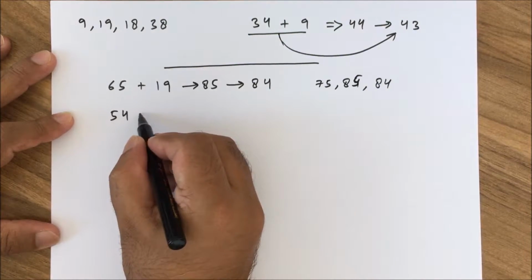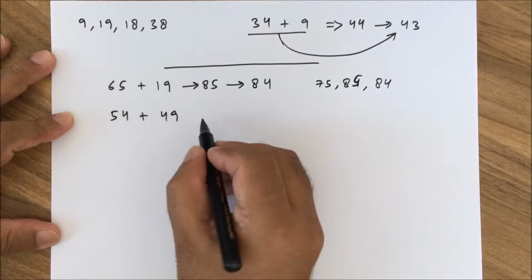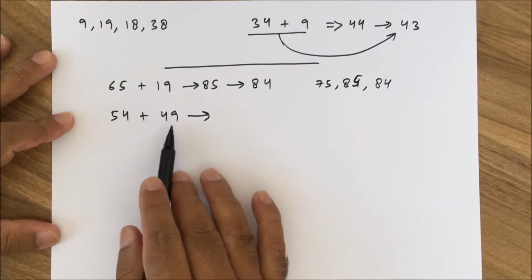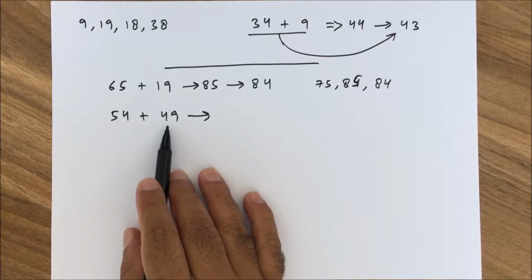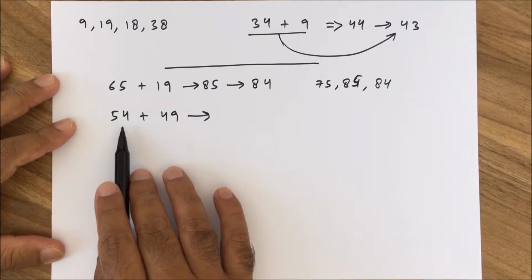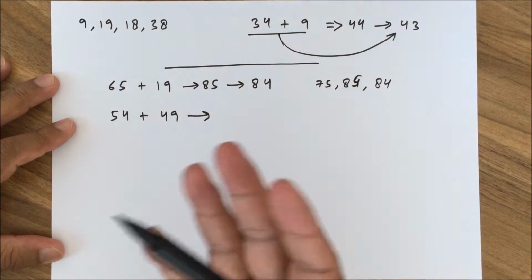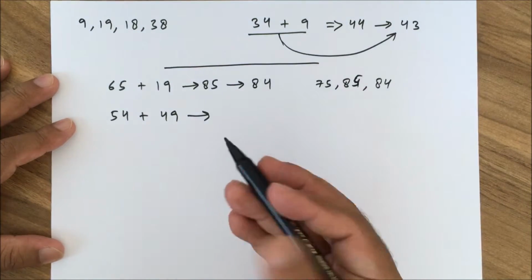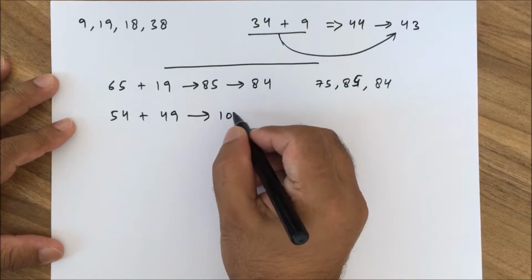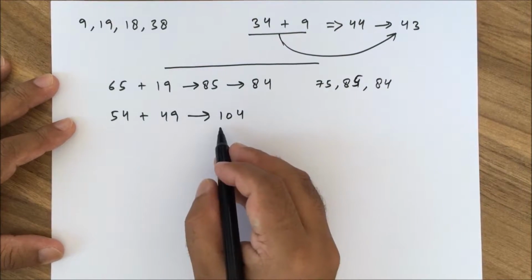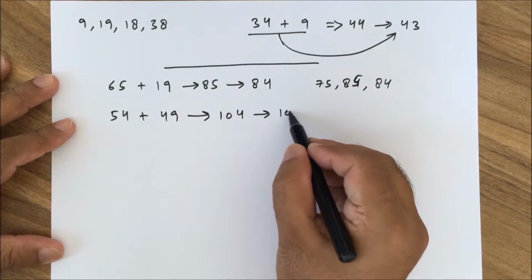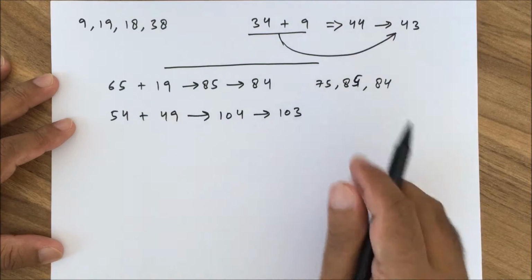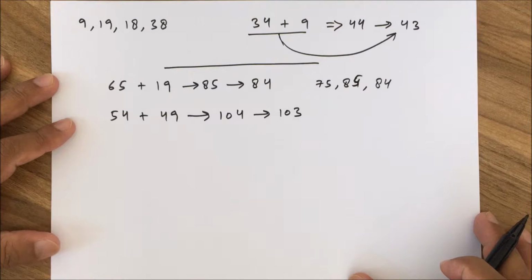Let's say 54 plus 49 we want to do. 49 is near 50, so you will jump 5 times. This is 54, 64, 74, 84, 94, and 104. So you jumped 5 times and then take away 1. It will become 103. That's your answer.